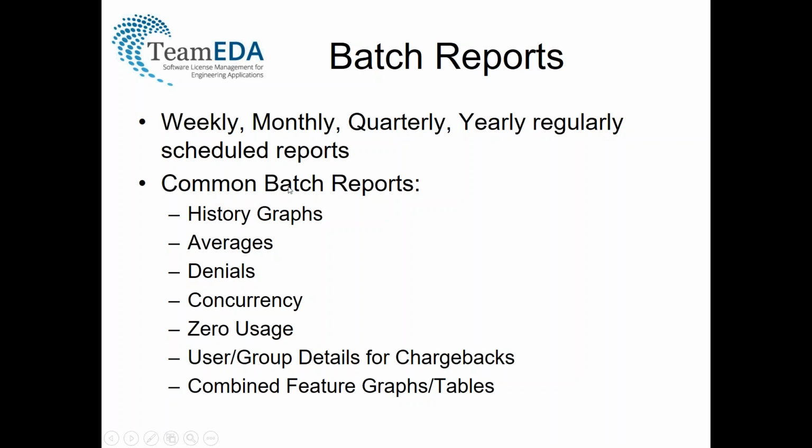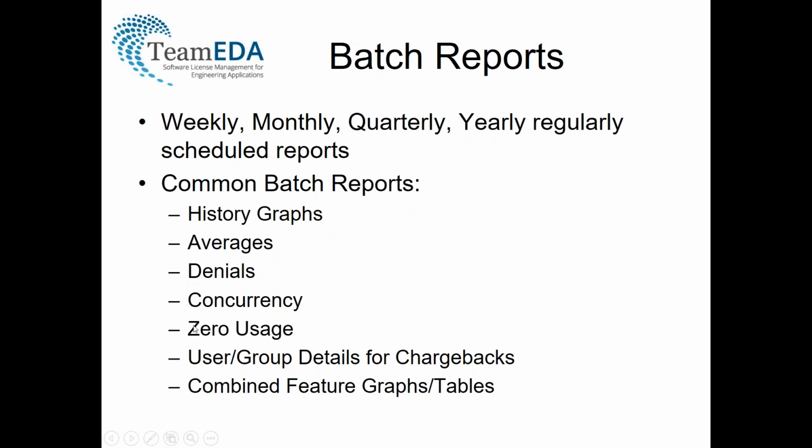So these are some common batch reports that you might consider. The history graph, and again, it can be a 7-day weekly, it can be a 30-day monthly history graph that you automatically get in the mail. The averages report makes a good batch report because that sometimes takes a long time to generate. A denials report may be useful to get once a month or once a quarter.